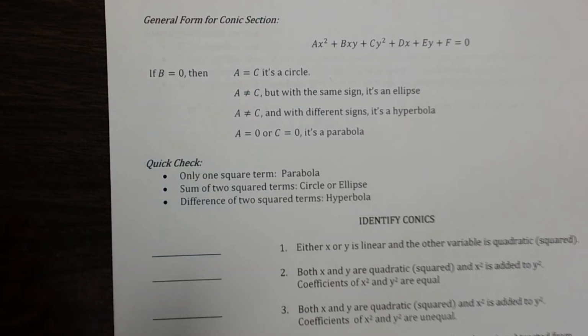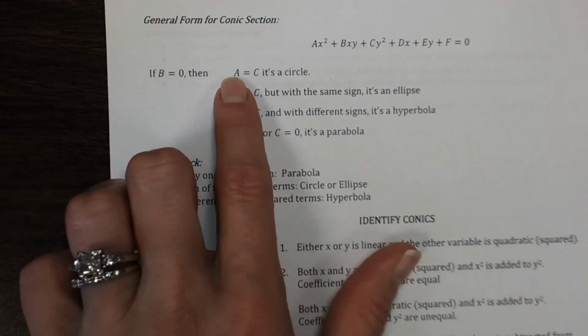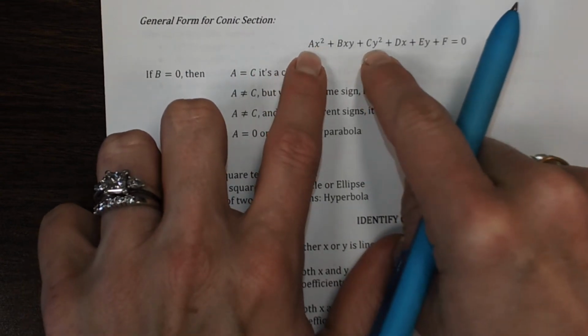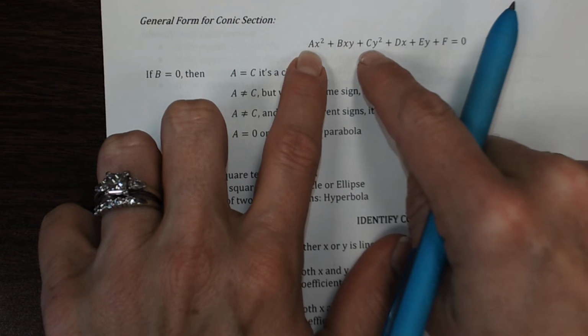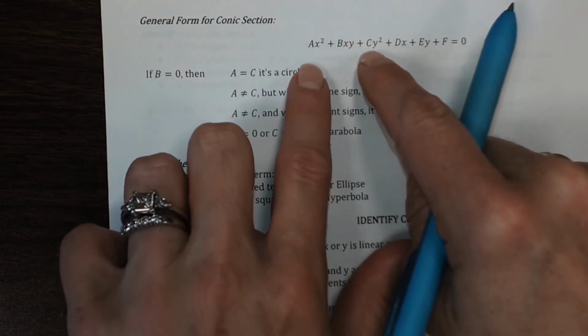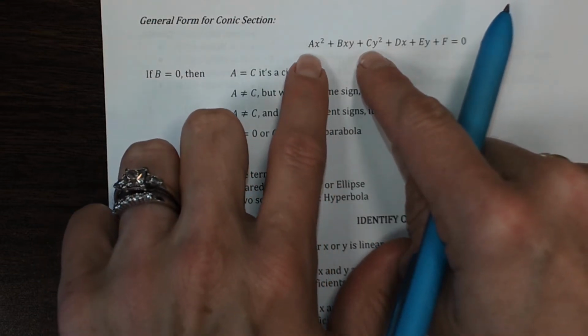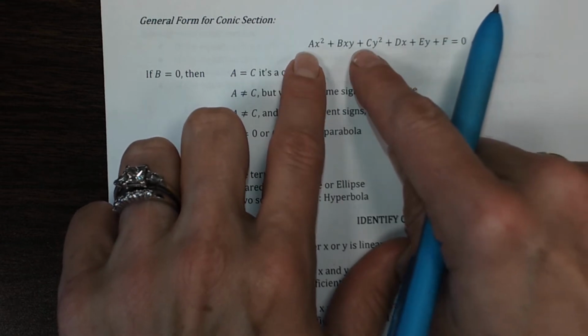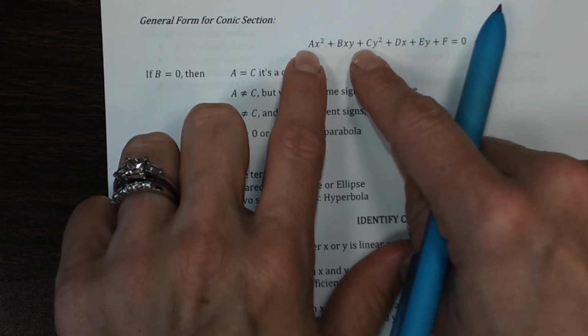And so a couple things that we know. If A and C are the same, so the coefficients on your squared terms, and they're both positive, then it's a circle. I guess it could be negative if they were both negative, but again, they have to be the same sign. So A and C are equal, and it's a circle.